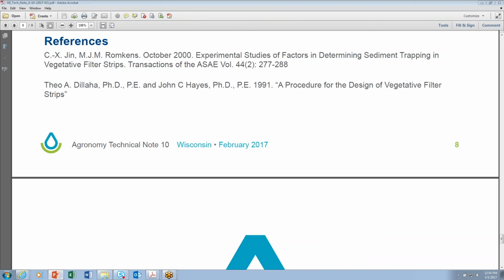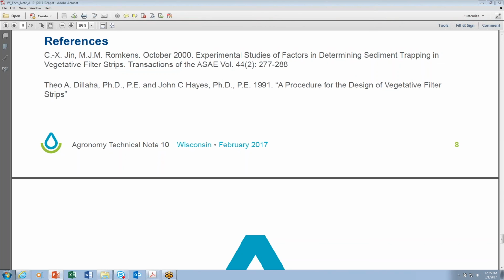You got to be really, really careful because CRP has totally different rules than EQIP. CSP, different rules than EQIP. There are state programs, there are county programs, different rules.